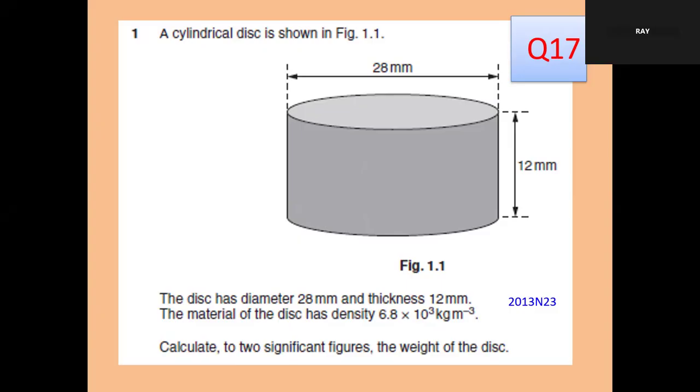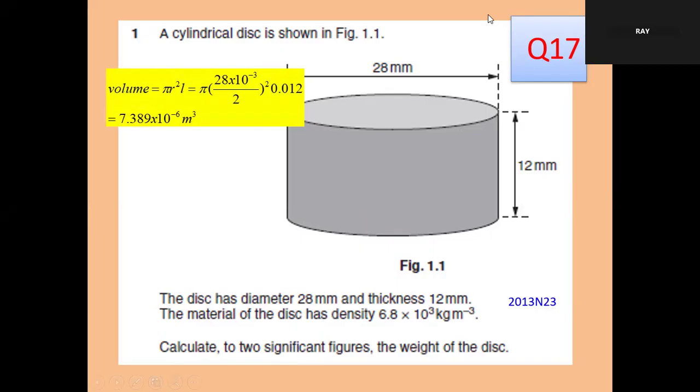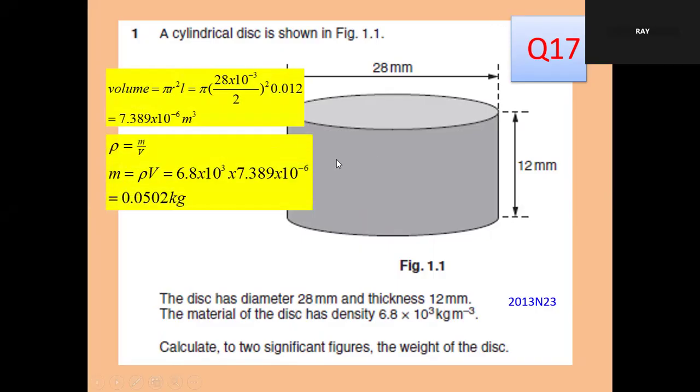(2013) November, variant 23. Find the equilibrium. Change it to meter, right? By πr²L, then the definition of density: mass over volume.